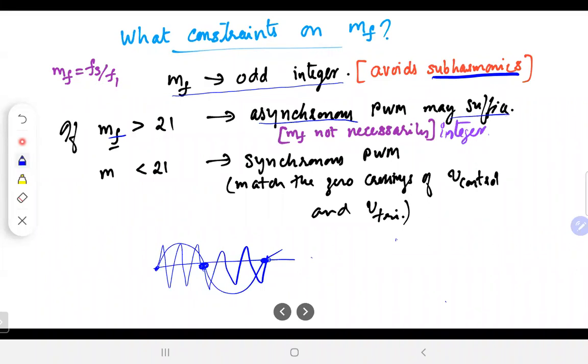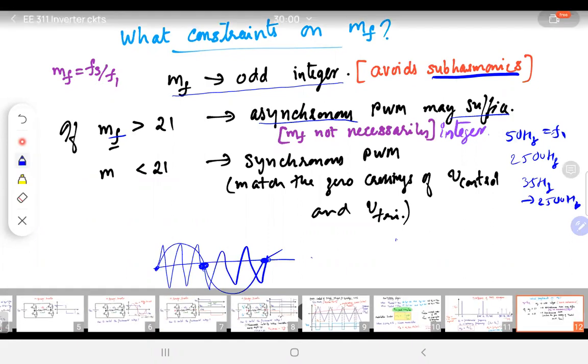If it is a 50 hertz F1, I can easily choose 2500 hertz, which is essentially 50 times. It's an even multiple, but it wouldn't matter. Even if it is 35 hertz, I could still use 2500 hertz here. The subharmonic will be there, but it is negligible or insignificant in these cases.